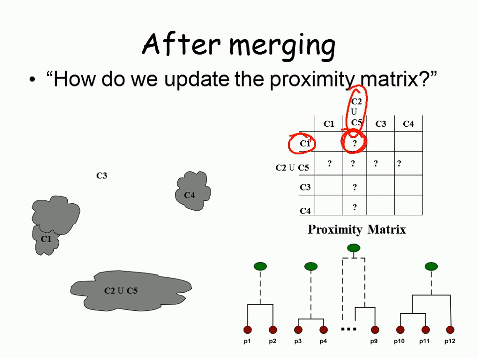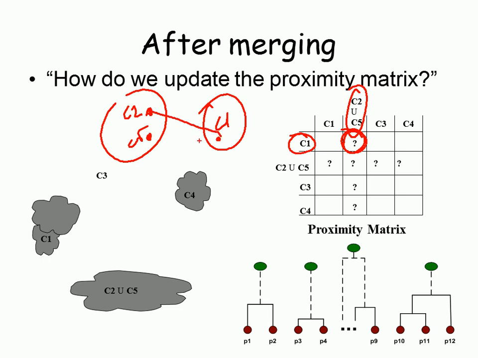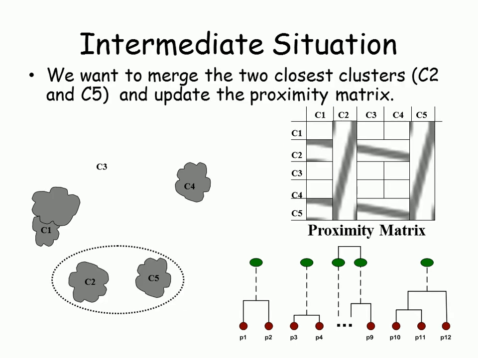And we want to identify this inter-cluster similarity. So in this case, we have C2, C5, and the other cluster has only C1. So these C1 to C2 and C1 to C5, we already know these distances from the original matrix. Okay. We need to use those original distances and create that new distance measure.